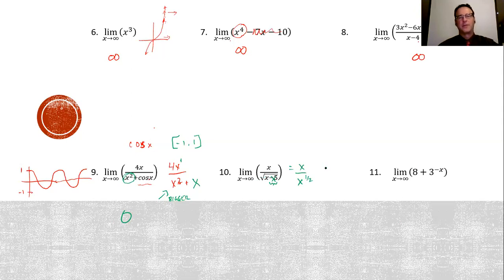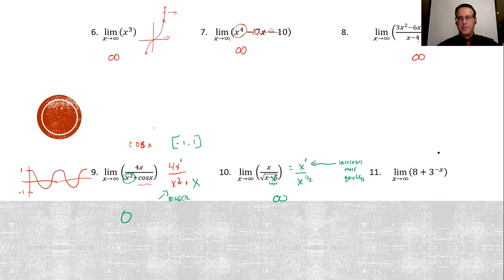And so you ask yourself, where is it bigger? Bigger powers here. It means this top piece will increase more rapidly than this bottom piece as x goes to infinity. So this increases more quickly. And again, because that's in the numerator, that'll go to infinity.